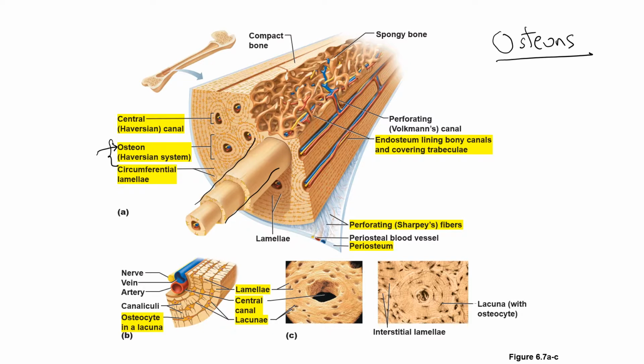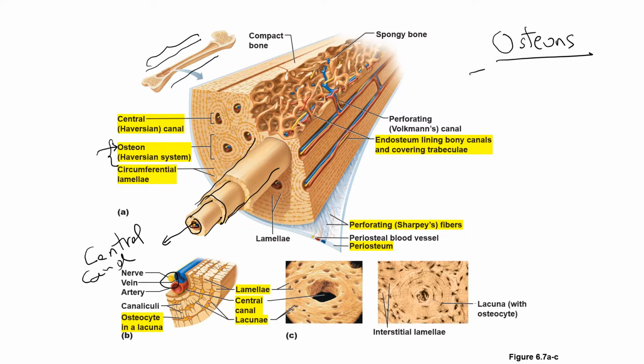So compact bone is found in the diaphysis of the bone, and the osteons in the diaphysis are running along the length of the bone. Osteons consist of concentric sheets of lamellae deposited around a central canal. Within the central canal, we can find blood vessels and nerves.